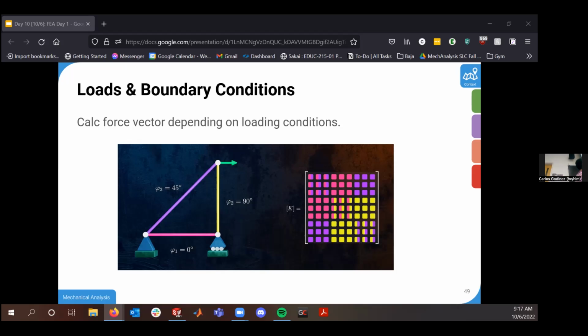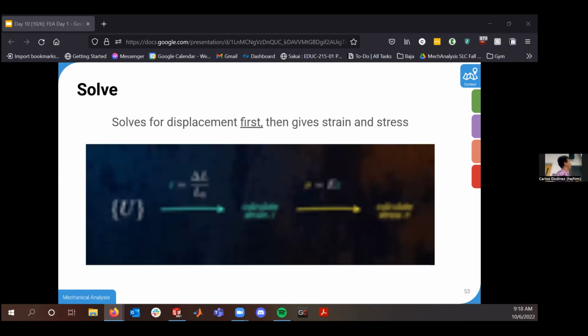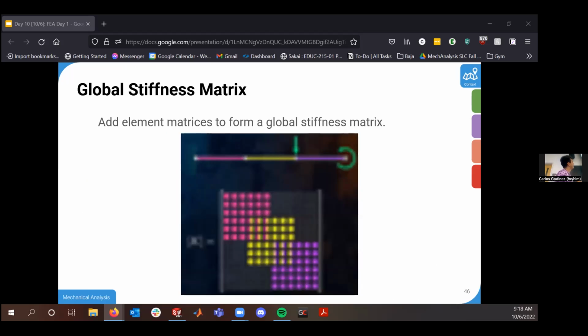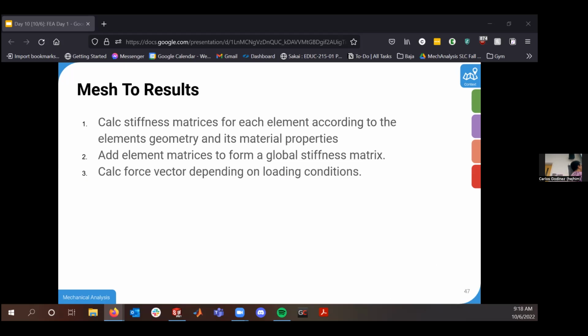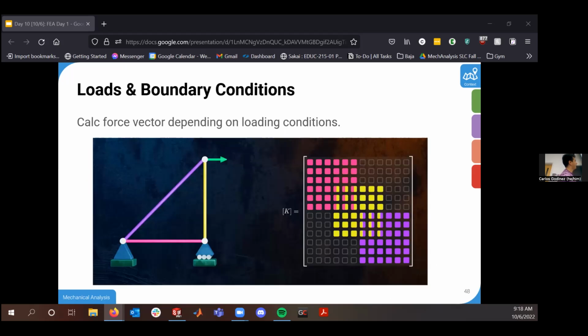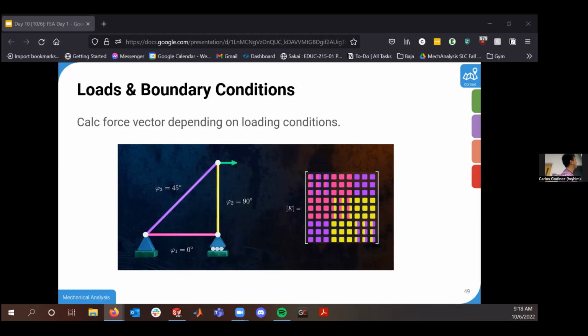In the past, all of my elements were aligned with the XY axes. Just imagine I have an XY axis here. For this connection right here, if I still have a global reference frame of XY, only my pink element is aligned with that global reference frame.